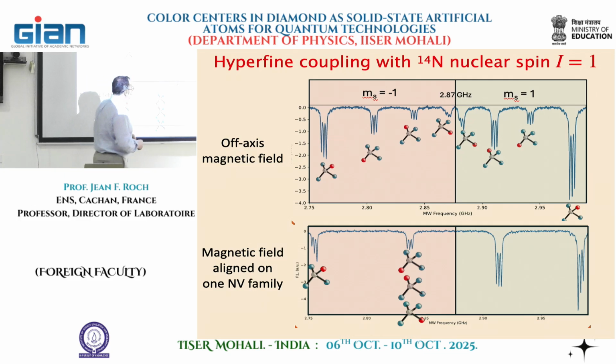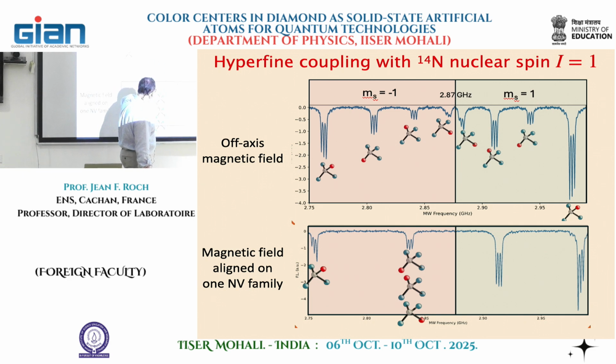So we certainly have a more efficient microwave excitation here compared to here. This means that the Rabi frequency for the electron spin is higher here, which leads to a higher contrast observed on this line compared to this line. But this is exactly the same family.